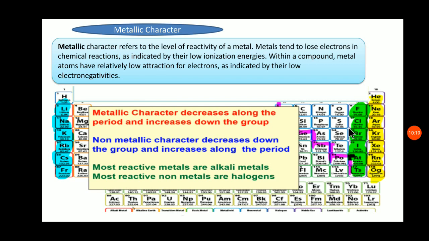The beginning of the periodic table has non-metallic elements, and the end has metallic elements. Non-metallic character decreases down the group and increases along the period. The most reactive metals are alkali metals. The most reactive non-metals are halogens.